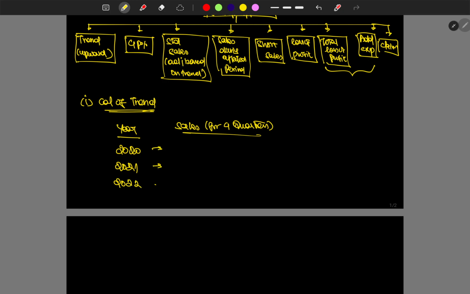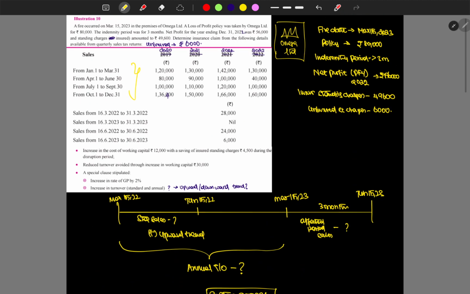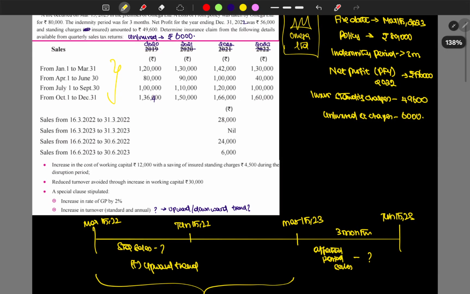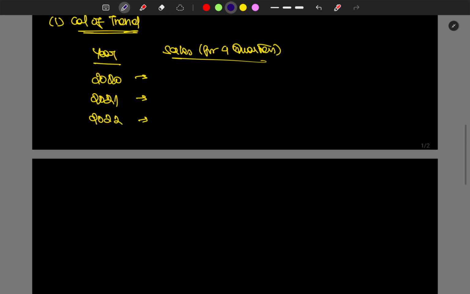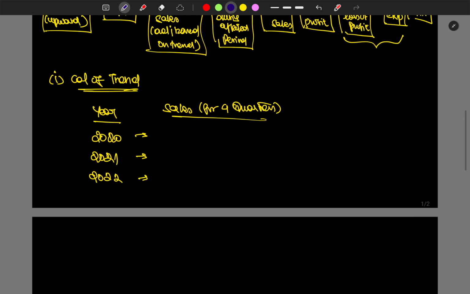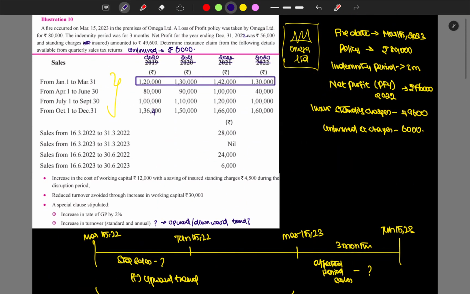So what's the total sales of 2020, which we are going to calculate. 1,20,000 plus 1,30,000 plus 1,42,000 plus 1,30,000, which is 5,22,000.